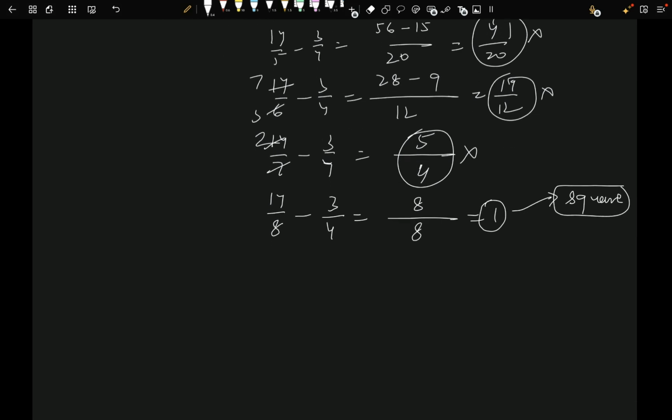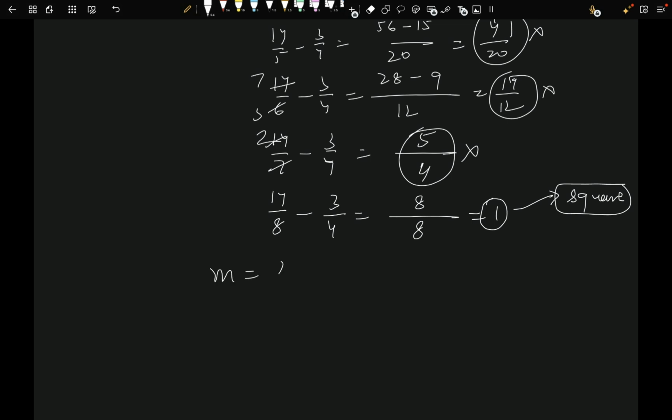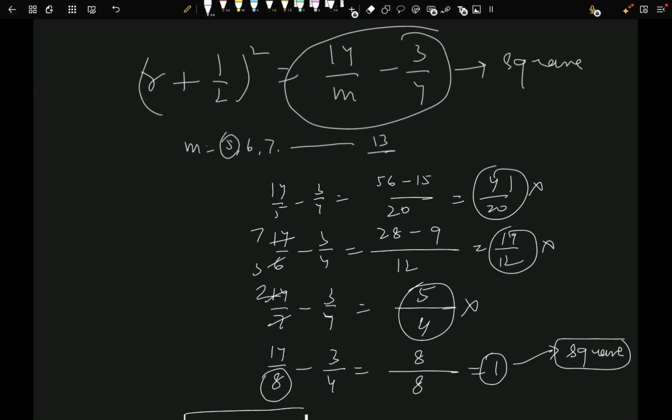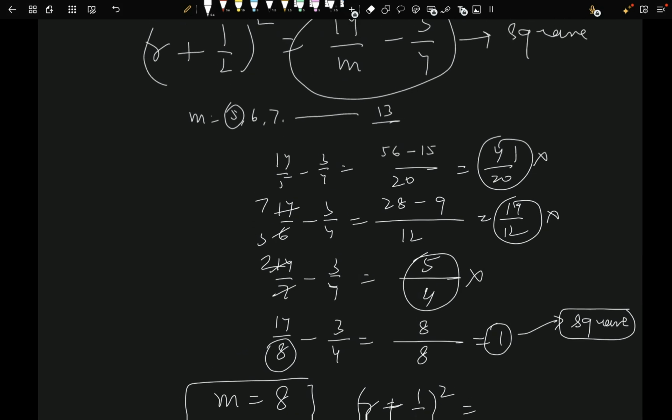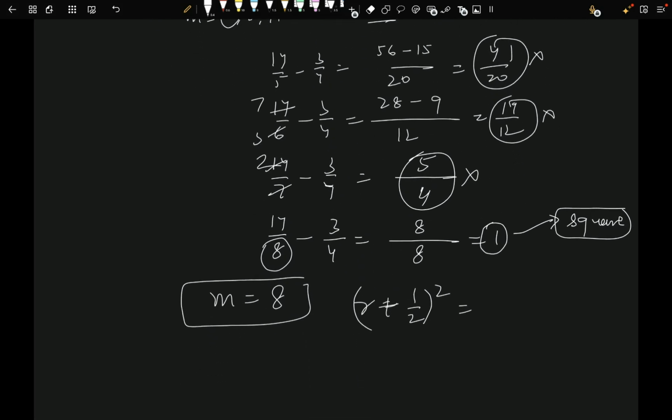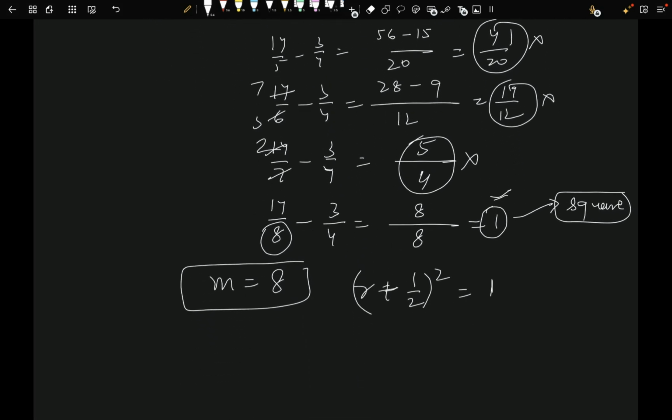So we get m as 8 and r as, we also have to calculate r. r plus half whole square is equal to 14 upon m, which we have already calculated as 1, right?